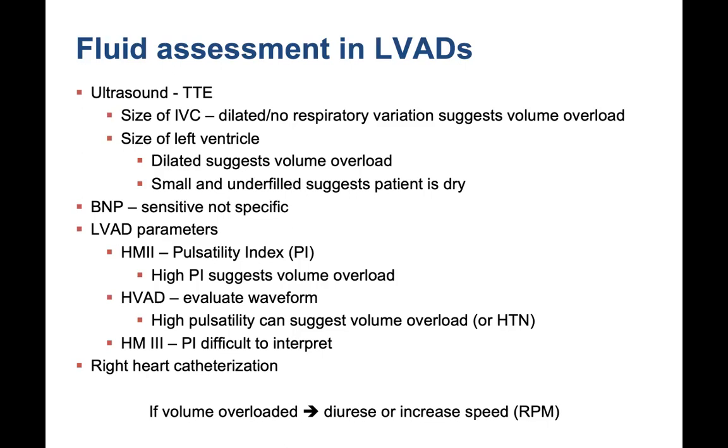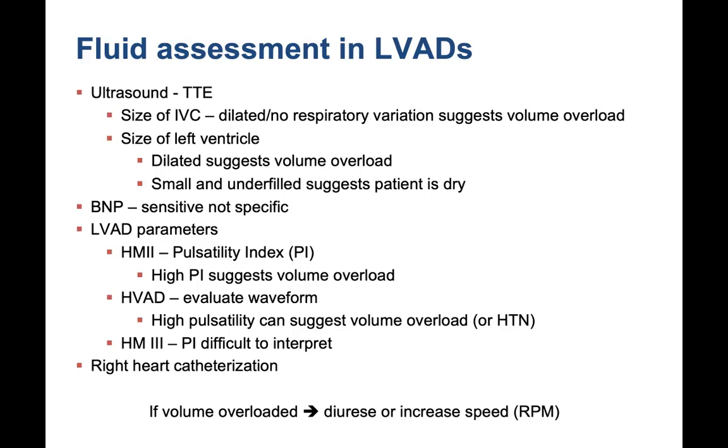And then we have our LVAD parameters. So for the HeartMate 2, our pulsatility index, if it's high, that can suggest that they're volume overloaded. If you have an HVAD, you can evaluate that waveform, and if they have high pulsatility, that can suggest that there's volume overload or hypertension. The HeartMate 3, and I know we're seeing more and more of them, the PI is a little more difficult to interpret. And of course, right heart catheterization is commonly used.